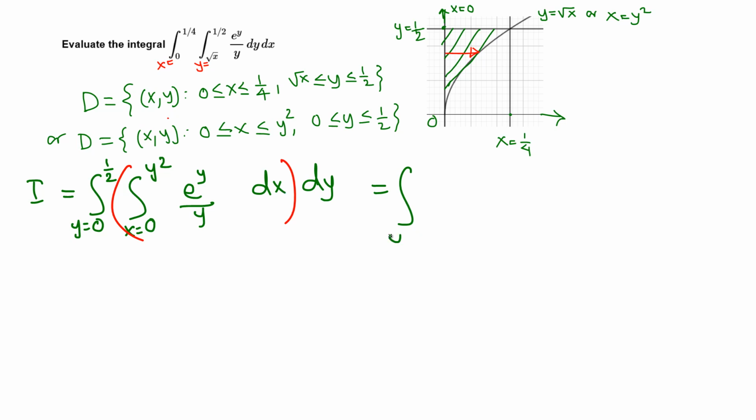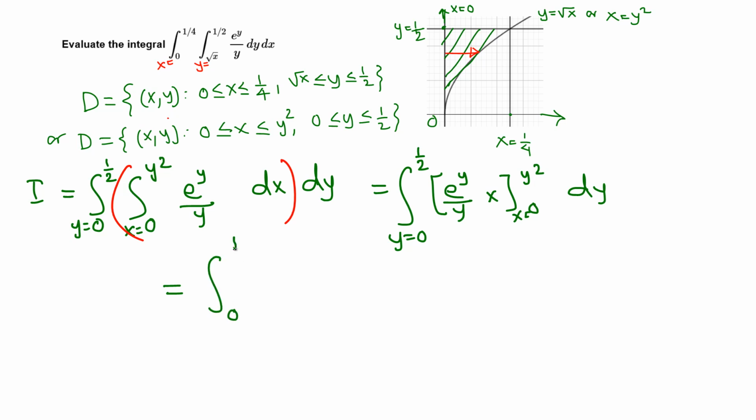So y from 0 to 1/2, and the constant survives, and with respect to x, it's like 5, the antiderivative of 5 is just 5x. We go from x equals 0 to x equals y squared, and outside we have dy, with y from 0 to 1/2.